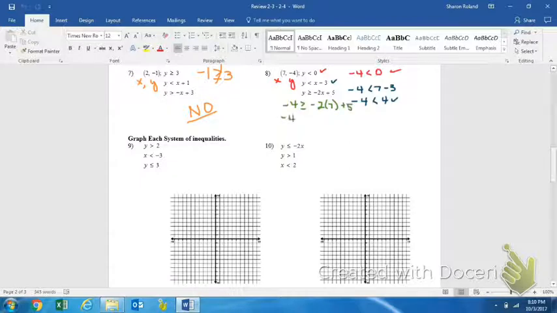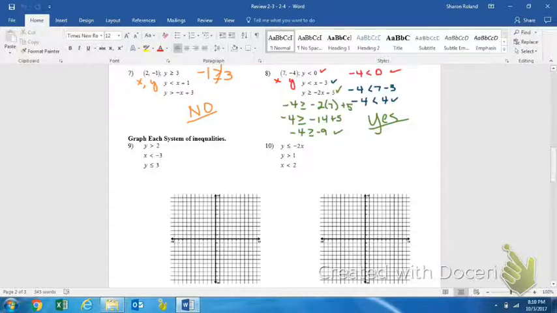Is -4 greater than or equal to -14 plus 5? Is -4 greater than or equal to -9? And that's true. So your third equation is true. Your last one, number 8, is a yes.